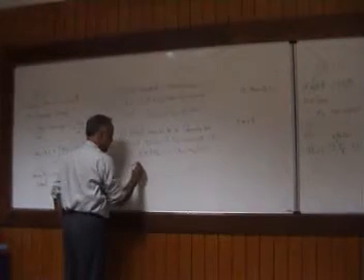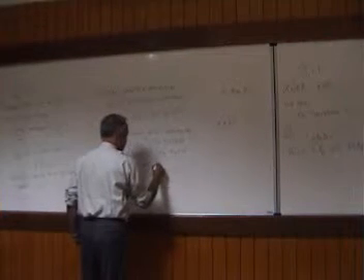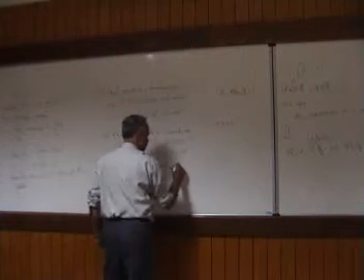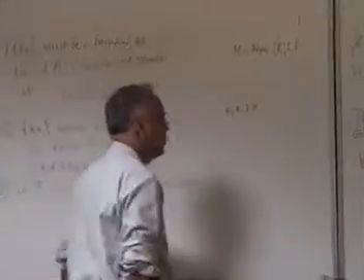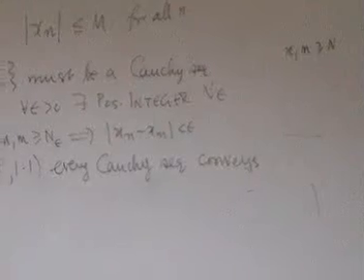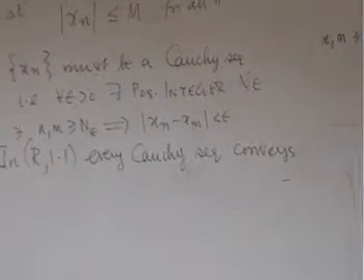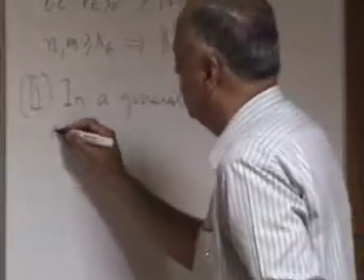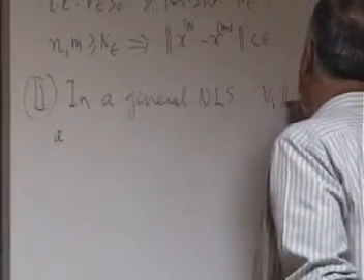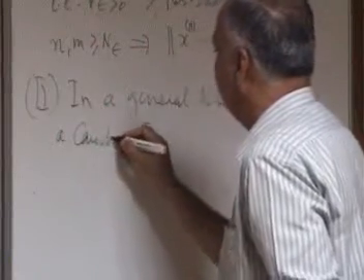In a general normed linear space, a Cauchy sequence need not converge.